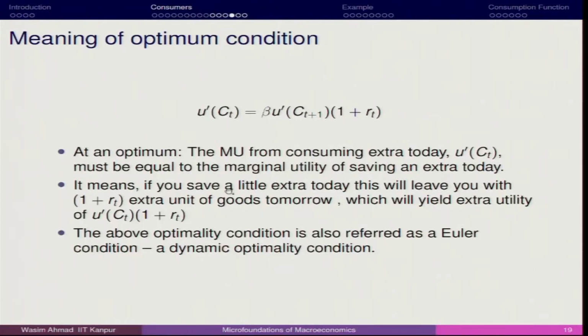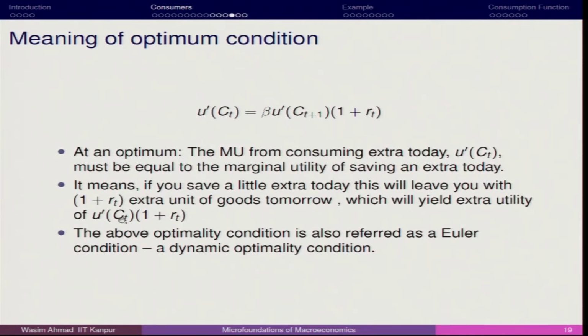If you save a little extra today, this will leave you with 1 plus r extra units of goods tomorrow, because this is the reward you get for future consumption, which is going to yield you extra utility.